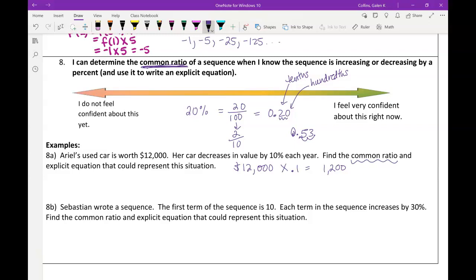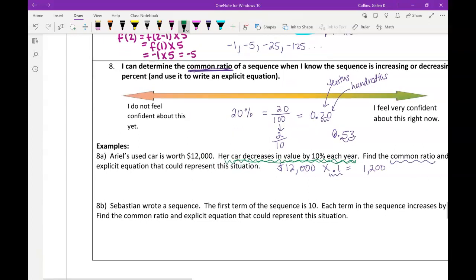So all that to say, 10% or 0.1 is not the common ratio, because what we need is the number that we can multiply by to find the value of her car after 1 year. If her car decreases in value by 10%, what I would think about is how much value it retains. How much value does it still have if it decreases by 10%?